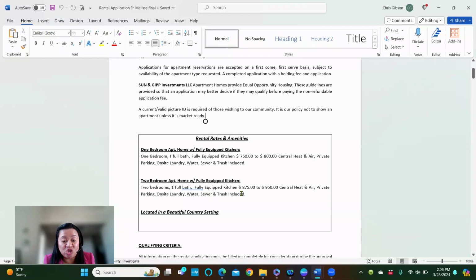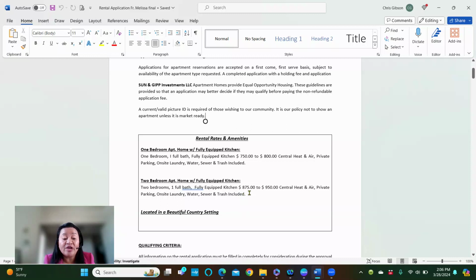Fully equipped kitchen, central heat and air, 875 to 950. Do you know the reason why we put a range, not an exact amount? Because there are some adjustments when you rent out your property.